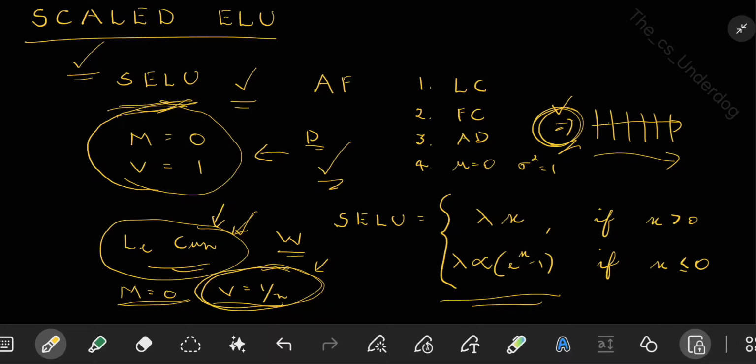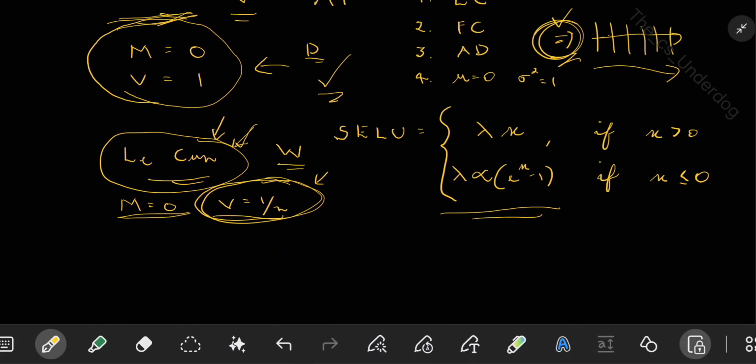From whatever we discussed till this point, what do you understand as the advantages of this SELU? First thing is very clear, we discussed many times that it is automatically normalizing. So no need of batch norm, no need of layer norm or anything. Second advantage, which we discussed with many other activation functions as well, is that problems like vanishing gradient or exploding gradient do not occur in the case of SELU.